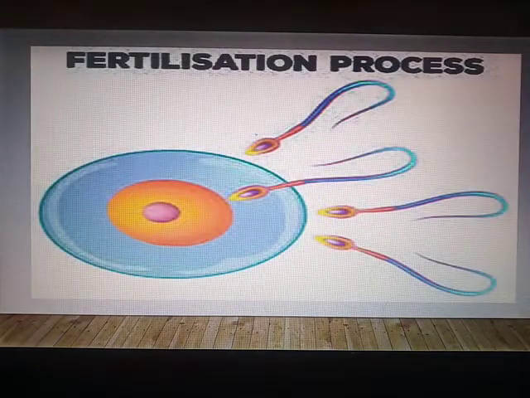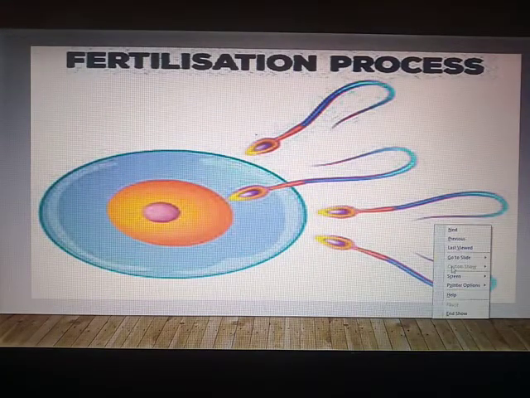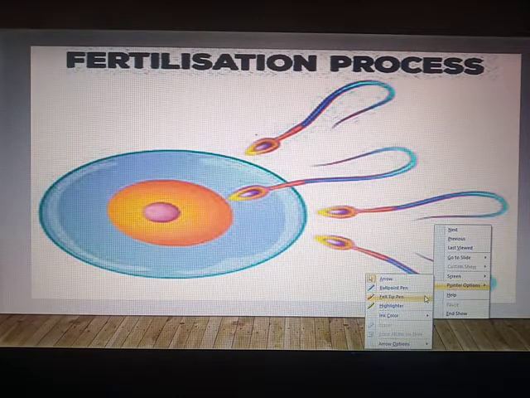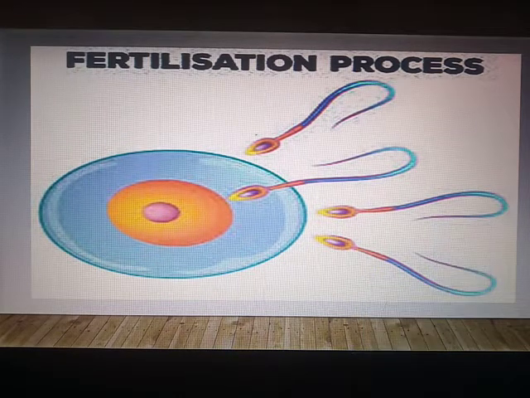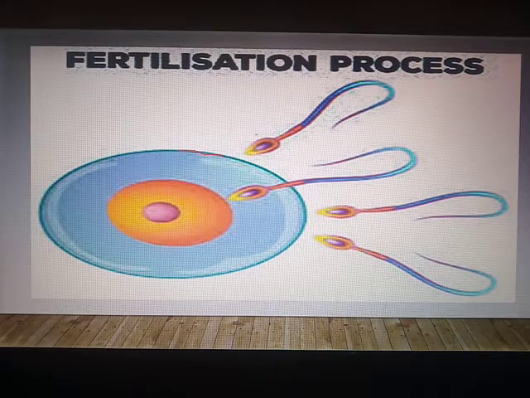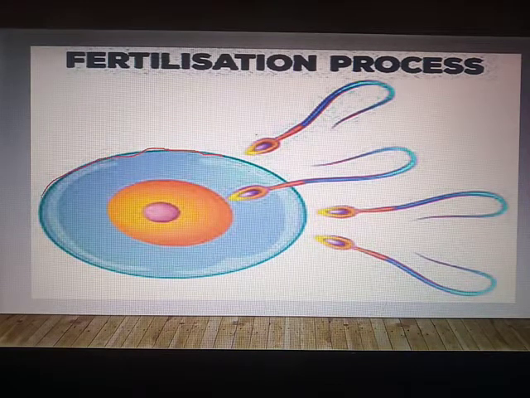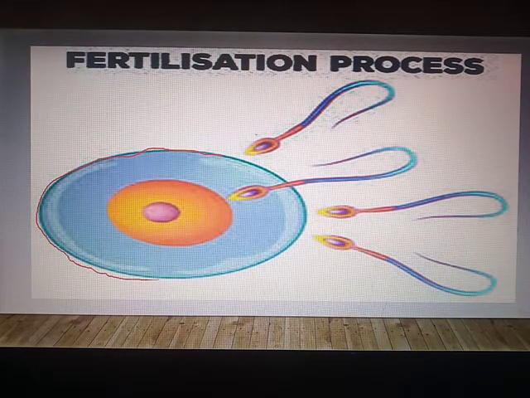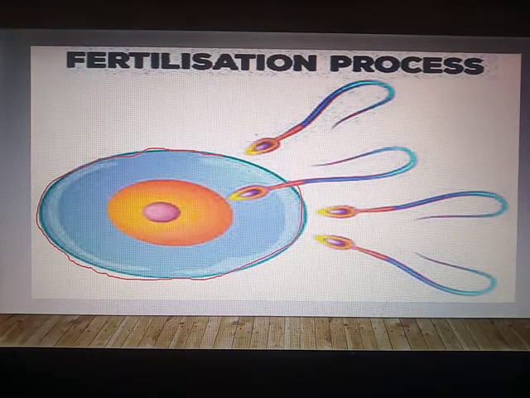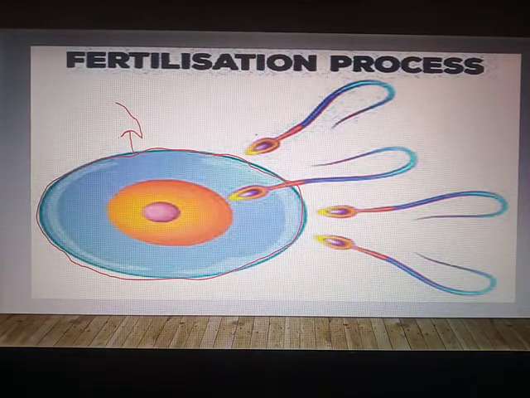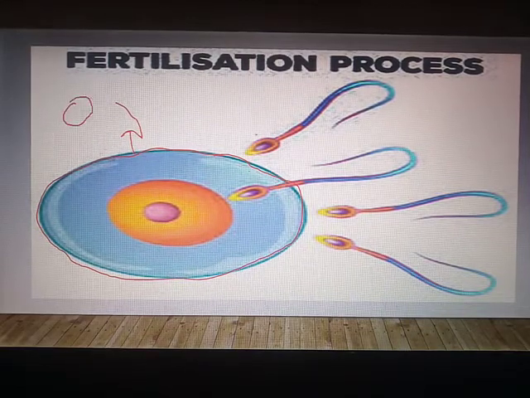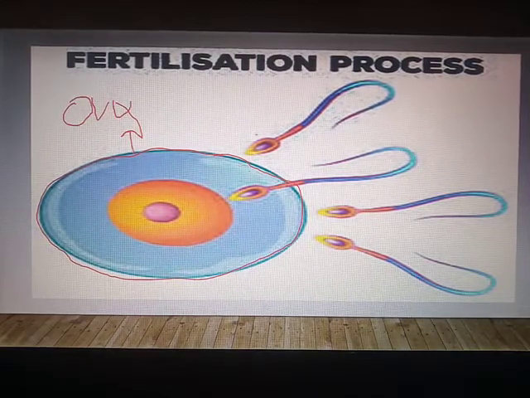So let us see the diagrammatic representation of the fertilization process. Students, I hope you are all familiar with this diagram as it comes in the book of 9th class. This round structure which I highlighted is known as the ovum, or egg.